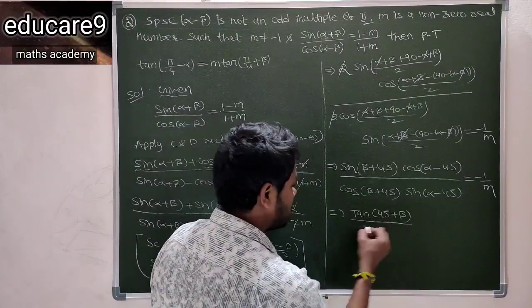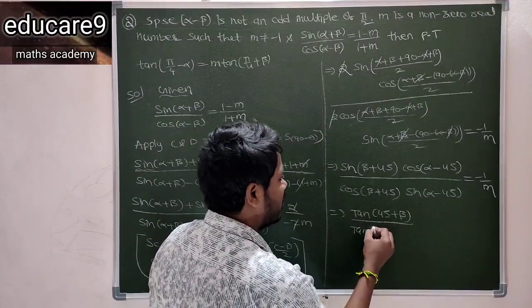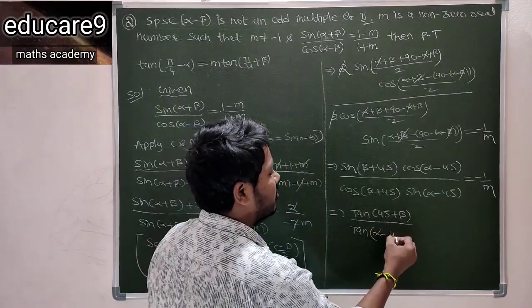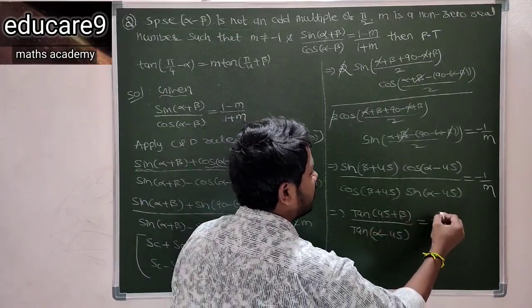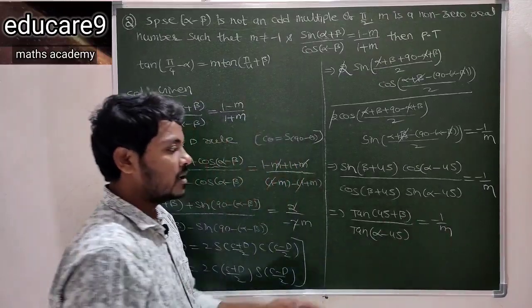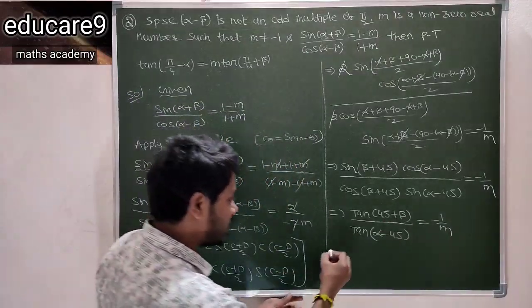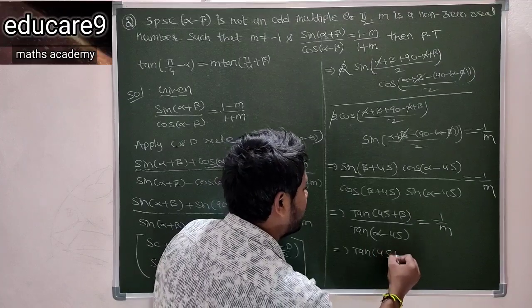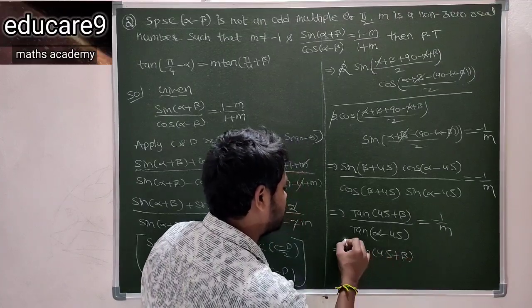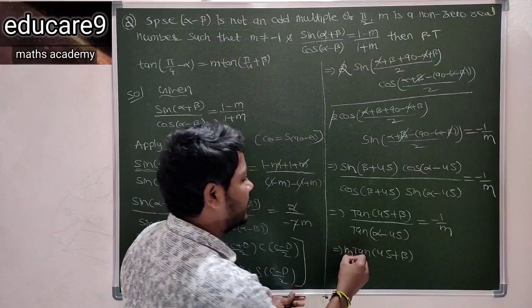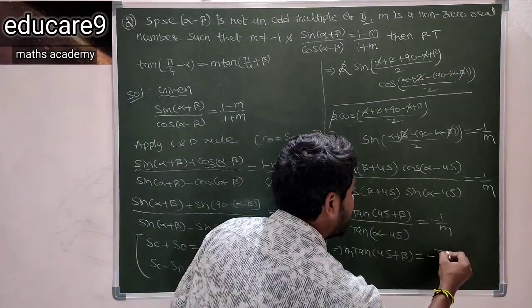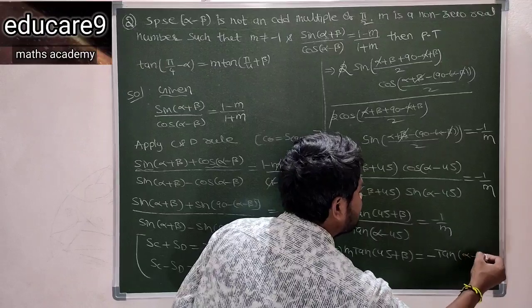So that is tan of alpha minus 45 is equal to minus 1 by m. Now cross multiplication. See here what you get, m into tan 45 plus beta is equal to minus of tan of alpha minus 45.